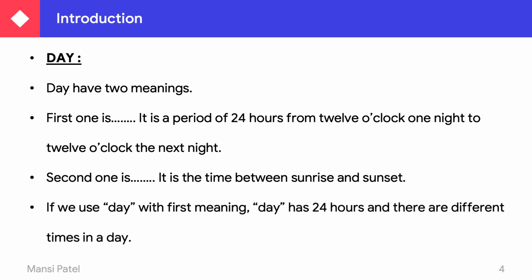If we use day with the first meaning, day has 24 hours and there are different times in a day, as we already talked about. Days are divided into 8 different parts. Which are they? Let's see.